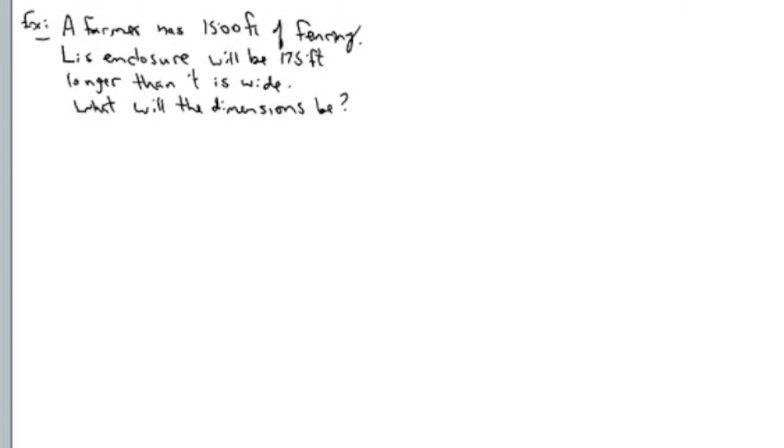Farmer Joe has several different types of problems, but he's always putting in a fence, and he's always containing some kind of field. This one is simplistic. Some of the other ones get a little bit more rambunctious. Now, I highly suggest anytime you're dealing with Farmer Joe and his fields, which happen to be rectangular in shape, draw a picture.